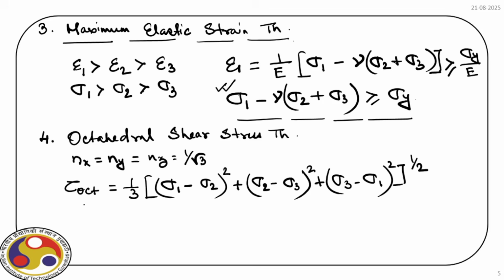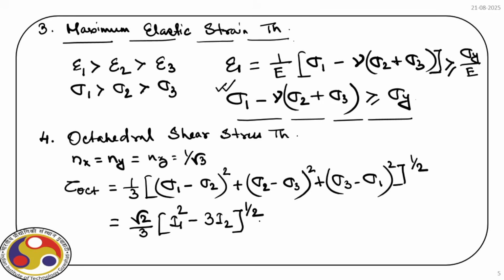So that's the octahedral shear stress. And if you further simplify, this expression becomes root 2 by 3, and then we have I1 square minus thrice of I2, where I1 and I2 are the two stress invariants, to the power half.